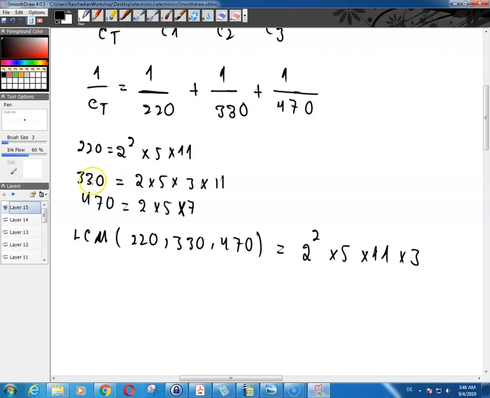And for 470, you need a factor of 2, a factor of 5 and a factor of 47. So I need to add my factor of 47. If I multiply all of these numbers together, I will get the LCM of these numbers.